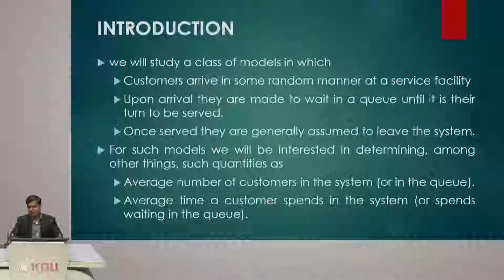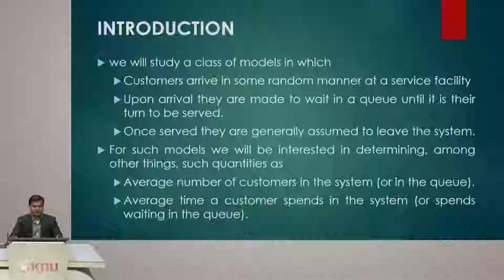It can be a store, a hospital, a bank, it can be anything. So upon arrival, they are made to wait in a queue until it is their turn to be served in most cases. In a very rare case, as soon as the customer arrives, he directly gets served if there are no other customers in the service facility. But generally speaking, he has to wait until his turn.